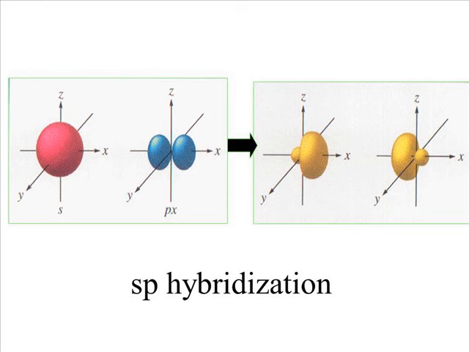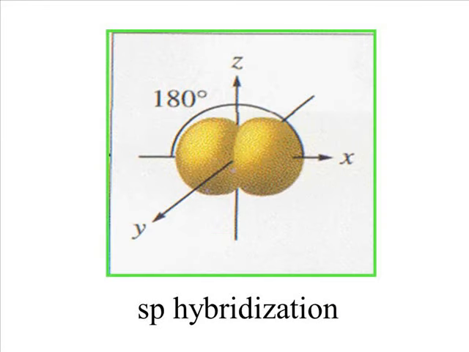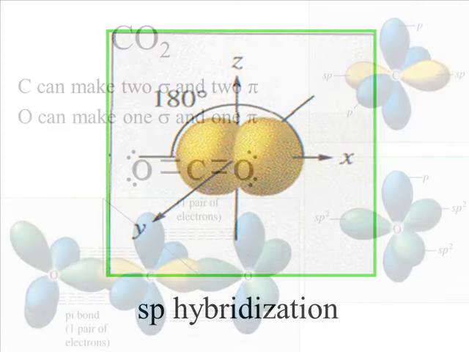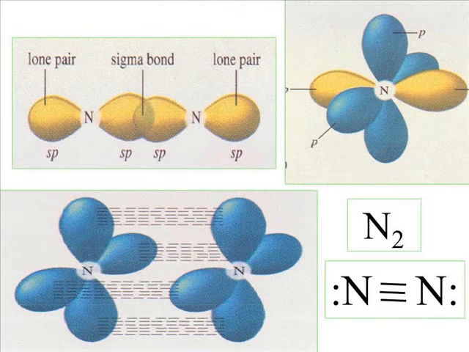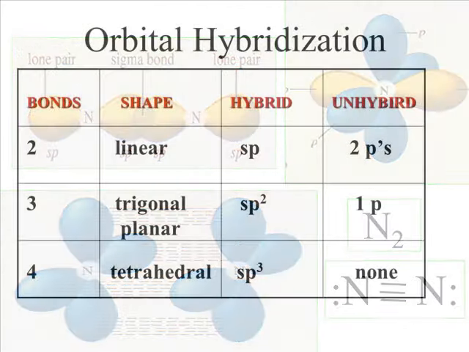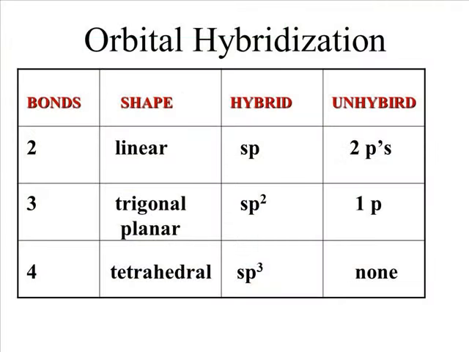You're blending a P and an S for a 180-degree bond angle. Linear, triple bonds, double bonds. So you simply need to be able to state the hybridization around whatever central atom they're pointing to.